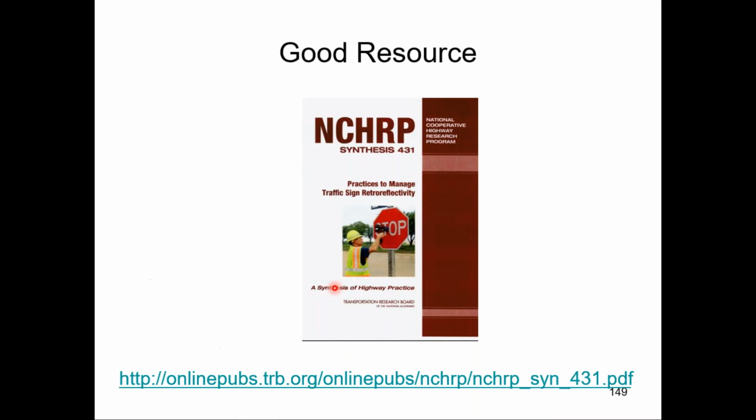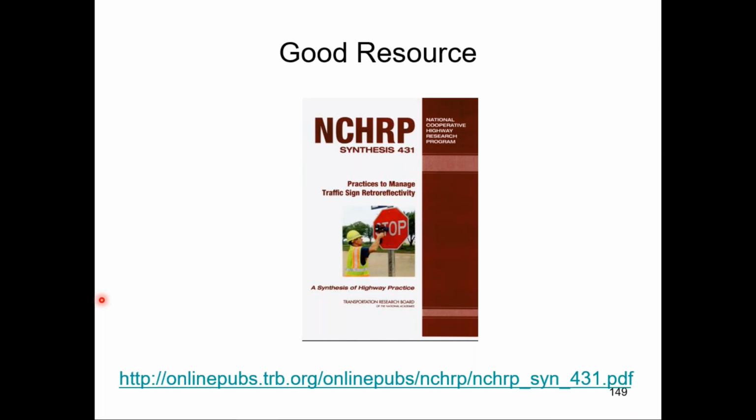There are some resources out there. This is a little bit dated, but I think it's still some good resources. This is a National Cooperative Highway Research Program synthesis on practices to manage traffic sign retroreflectivity. The link is included there. It's available at no cost. It includes a lot of case studies of both state and local agencies and the methods they're using to comply with the MUTCD.